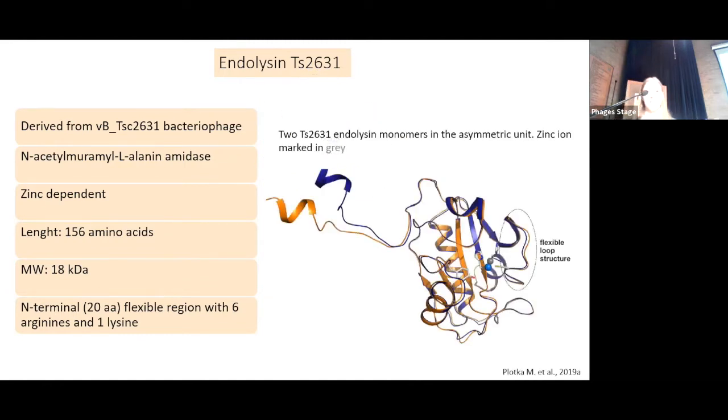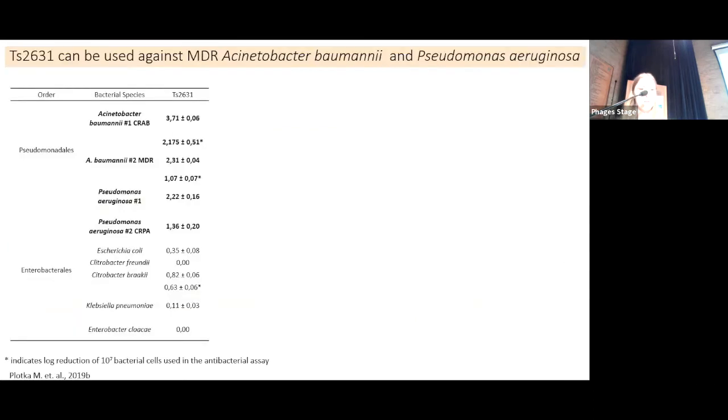This endolysin is coordinated in the active site by a zinc ion, has a length of 156 amino acids, and its molecular weight is 18 kilodaltons. What is unusual for this protein is that it has an N-terminal flexible region with 7 positively charged residues, and because of this, this protein can pass through the outer membrane of gram-negative bacteria.